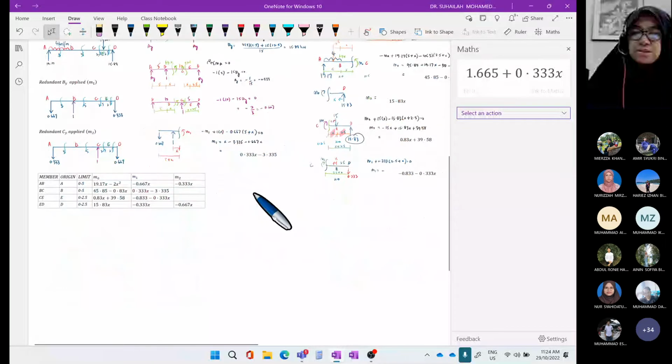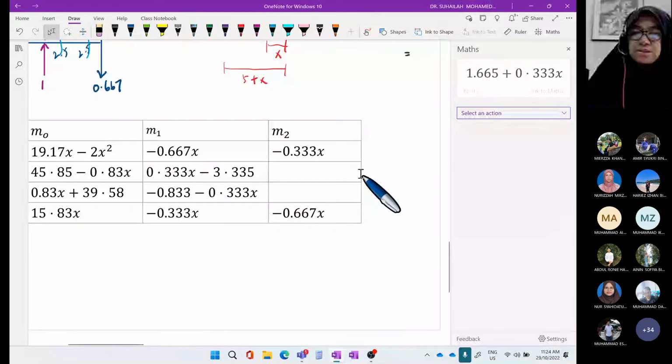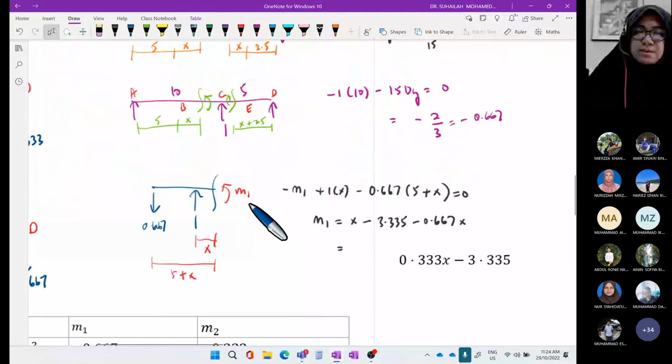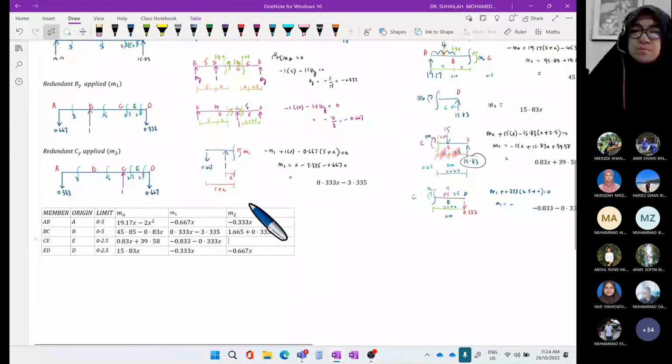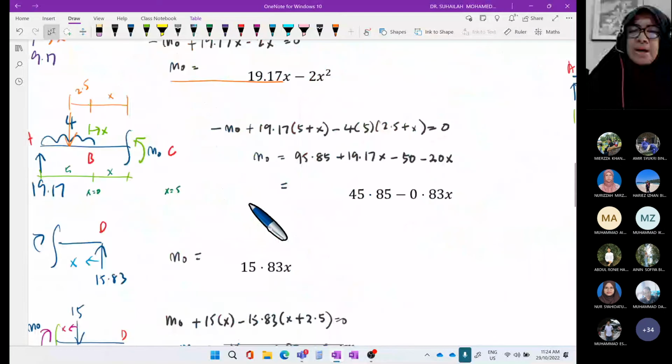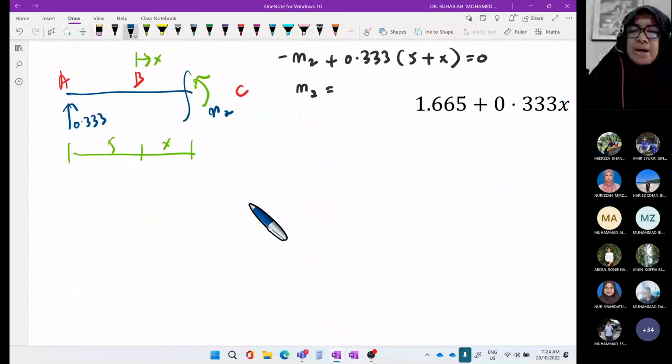Okay, and last one. Memang kena careful when writing moment equation. Ramai yang dia bukan tak faham flexibility method, tapi sebab step yang panjang pada moment equation ni. Sini apa? 0.667 dia.